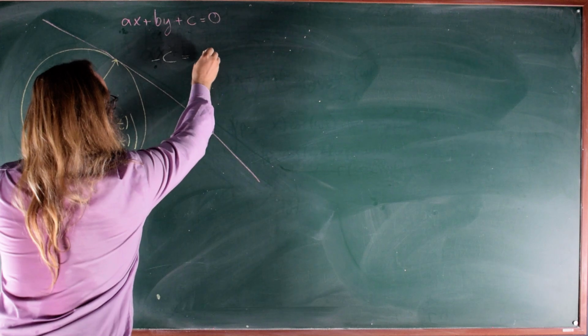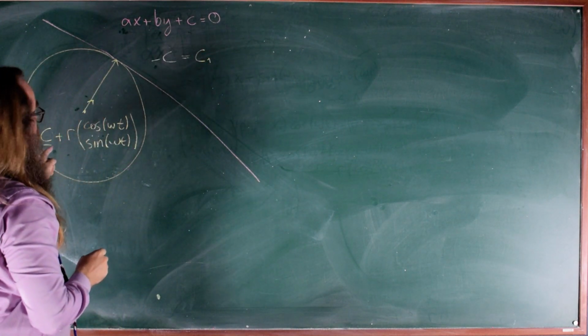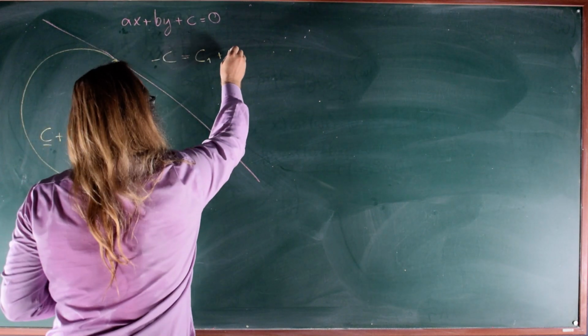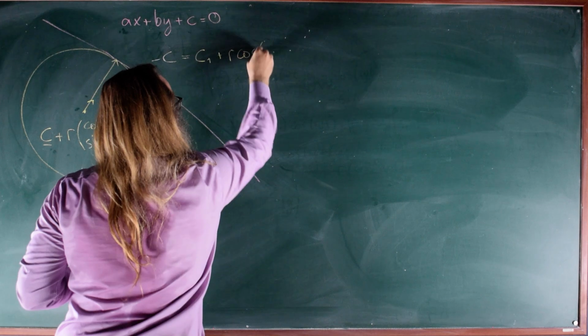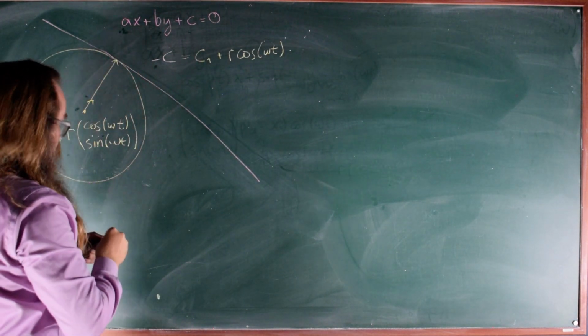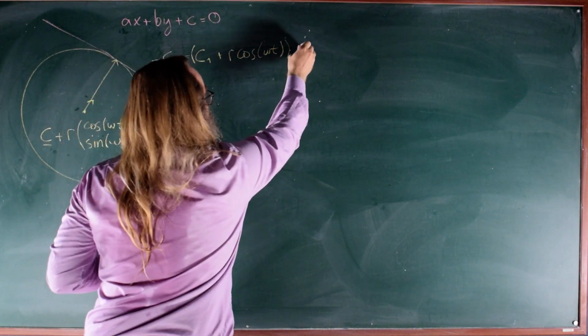So it's going to be the C1, the x-coordinate for the center of the circle, plus r times cosine of omega t, right? So it's going to be the x value, and this we need to multiply by the a value from up here. So that's going to be another cosine.